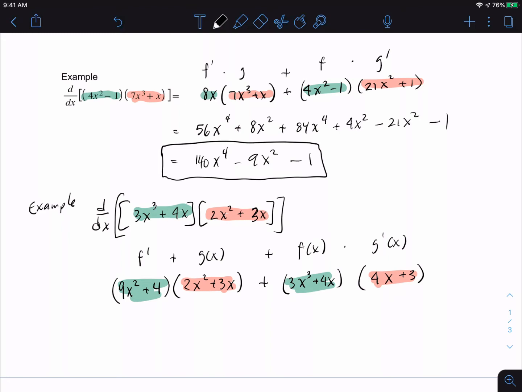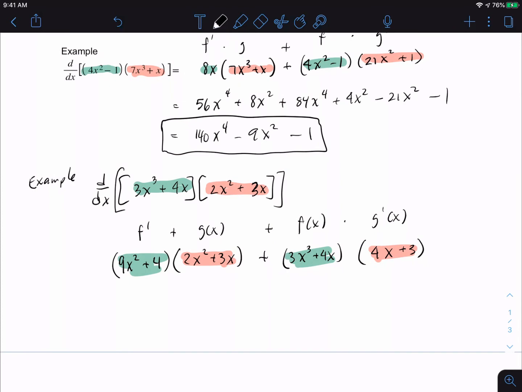Okay, so then from here, just color coordinating so you guys can see which one I'm working with. Now I'm going to try to expand these. So I'm going to get 18x to the fourth plus 27x to the third plus 8x squared plus 12x plus 12x to the fourth plus 9x to the third plus 16x squared plus 12x.